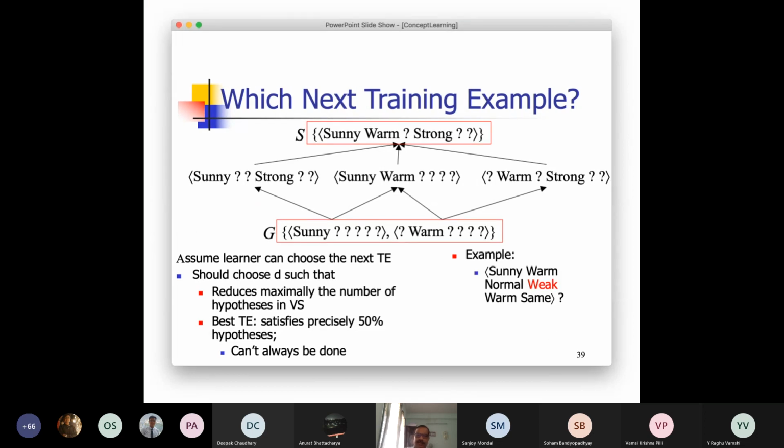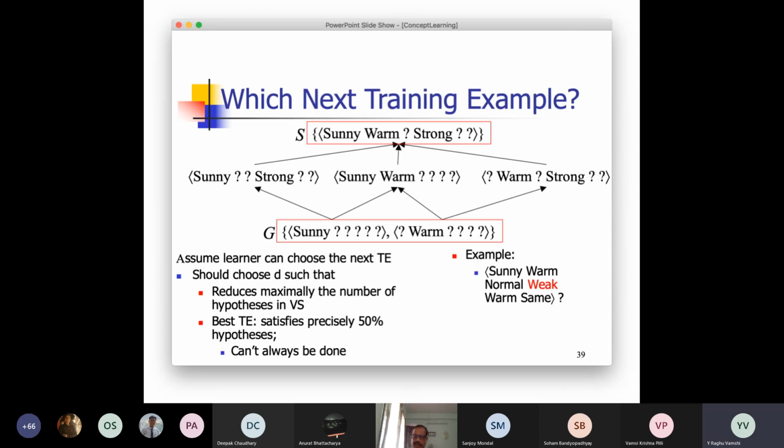Here is just an example of how it affects. Suppose this is the current stage of your version space, based on the set of training examples you have seen so far, made consistent with those instances.